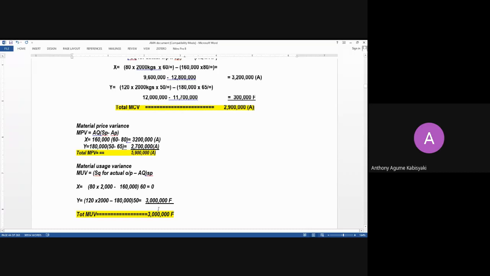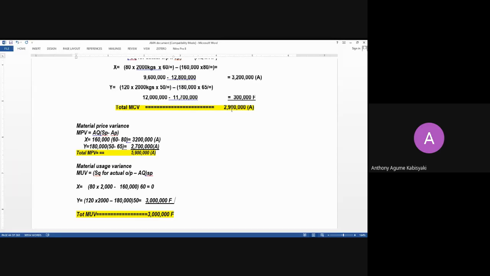So when I have 5.9 adverse plus 3 million favorable, I will end up with 2.9 adverse, because the favorable material usage variance will reduce the adverse material price variance, and you will remain with an adverse of 2.9 material cost.